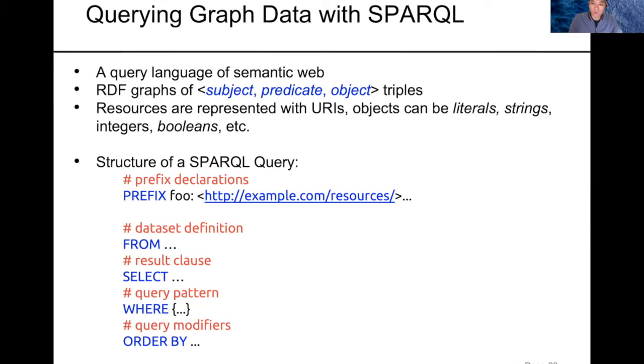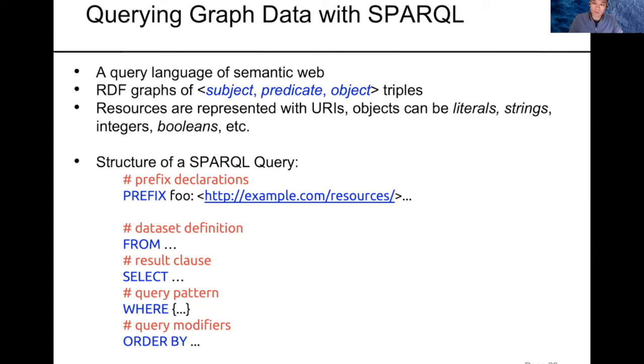SPARQL is a query language of the semantic web, working on RDF graphs of SPO triples, and the results are represented with uniform resource identifiers. Objects can be literals, strings, integers, Booleans, and so on.